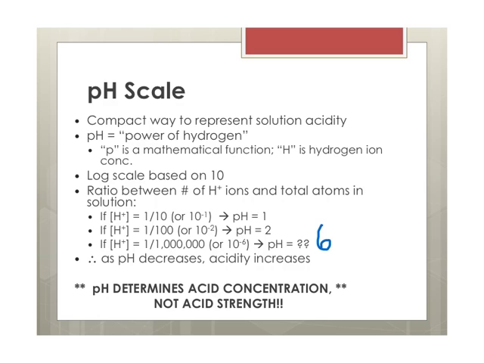So you can see as pH decreases, a solution becomes more acidic. This solution with pH 1 has a lower ratio than the solution of 1 out of 1,000,000, so it's a more acidic solution. Okay? I do want to mention here, put a big star beside this. pH does not determine acid strength.